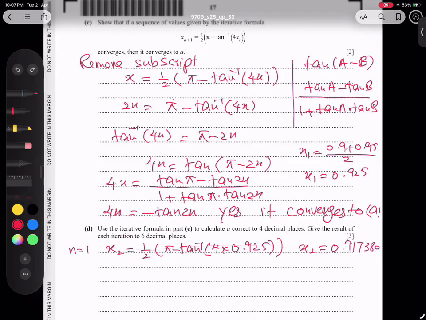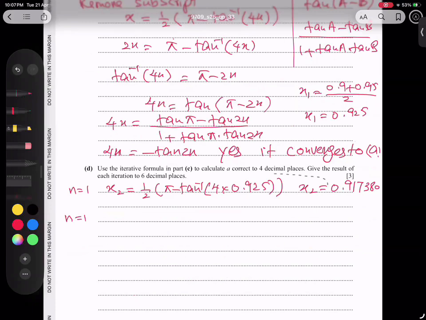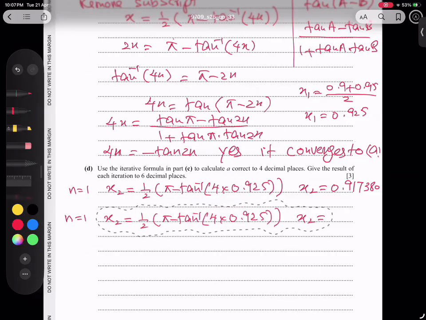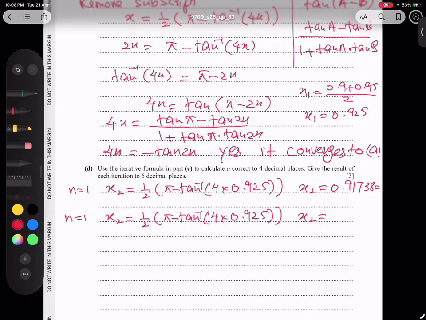First I plugged in n equals 1, now I'm plugging in x2. To save time, I'll copy and paste this. When I plug in, this will change to 2 and this number will change as well, and here 3. So I got 3 here and 3 here, and this value will come in its place: 0.917380.